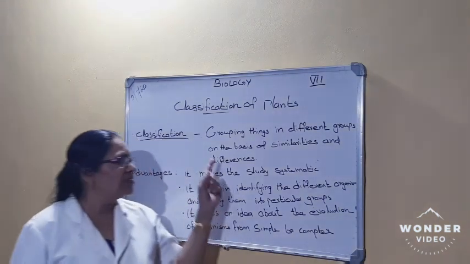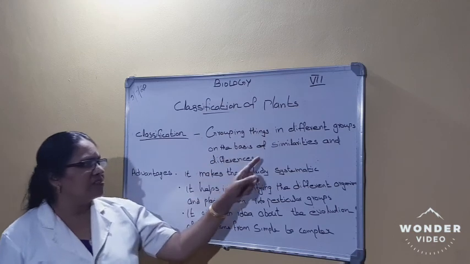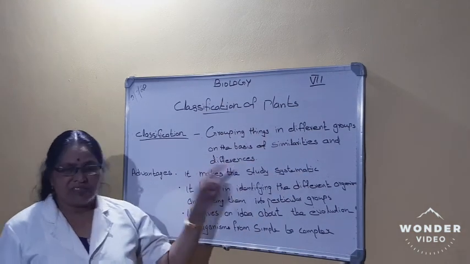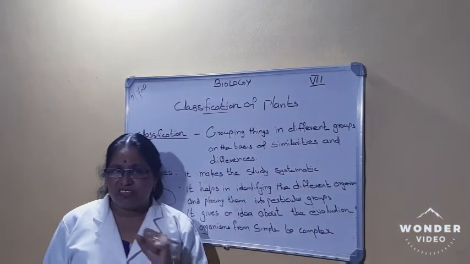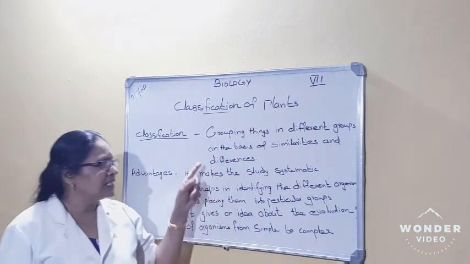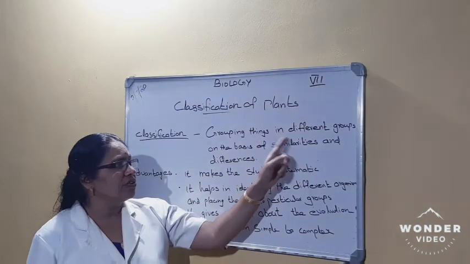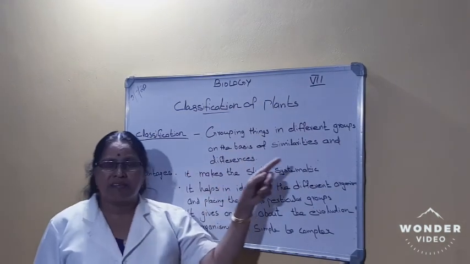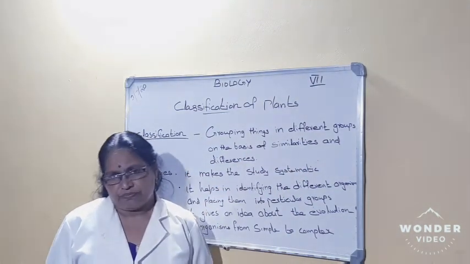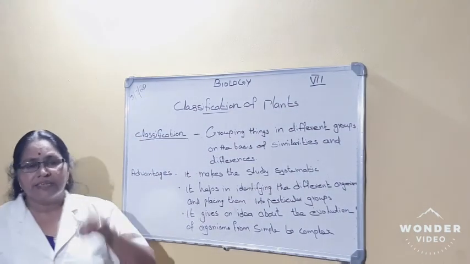That is called classification. What is the meaning of classification in biology? Classification of organisms. Here we can say living things or organisms in different groups on the basis of their similarities and differences.